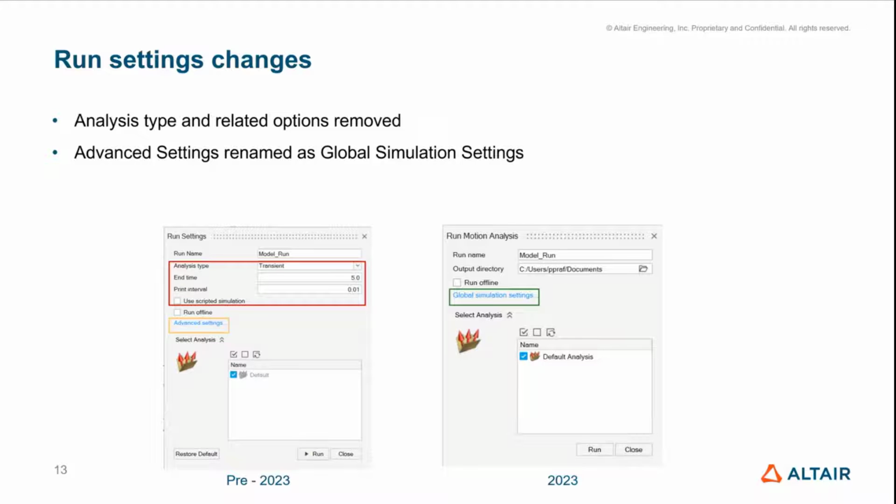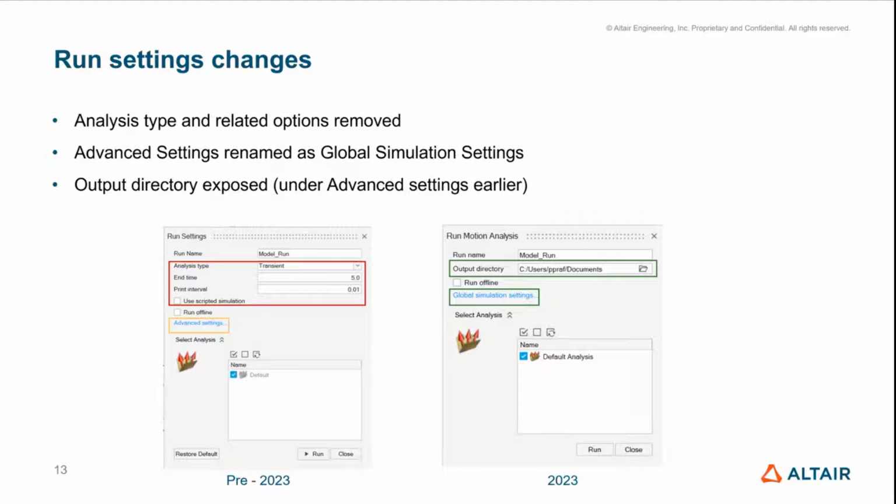They are simulation settings at a global level, which provide defaults for all the analyses. There was a request to expose the output directory where the run is being executed upfront. So it's available now.